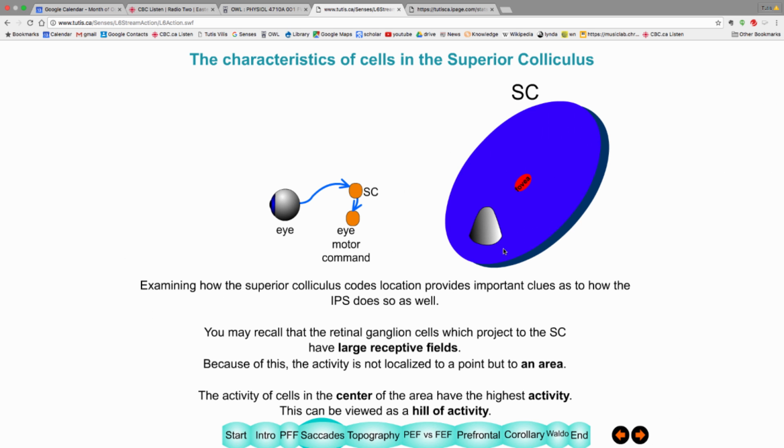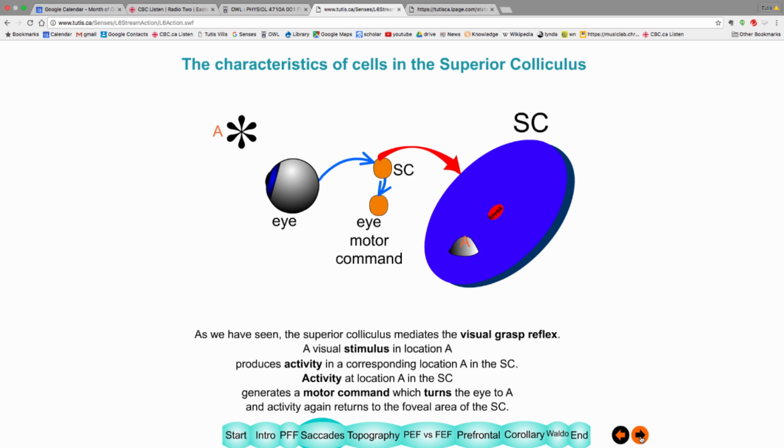So it's an area, and the height represents how much. And so even though each one doesn't code very accurately where the object is, together, by looking at where the peak of this activity is, the colliculus can code locations quite accurately. And from there it makes a movement of the eye.